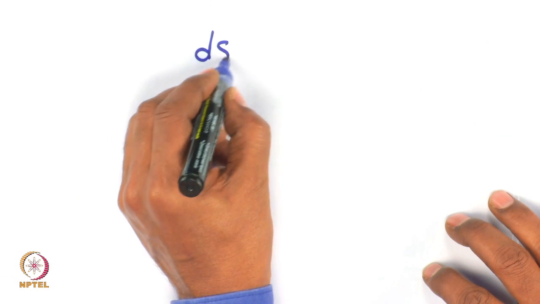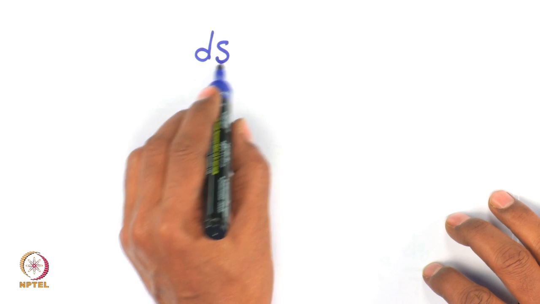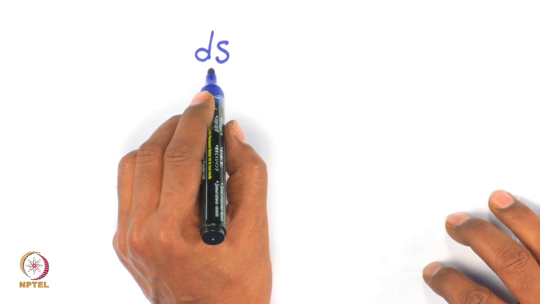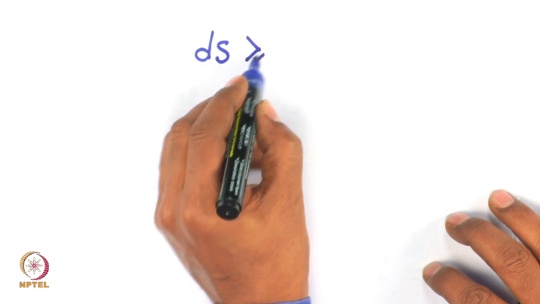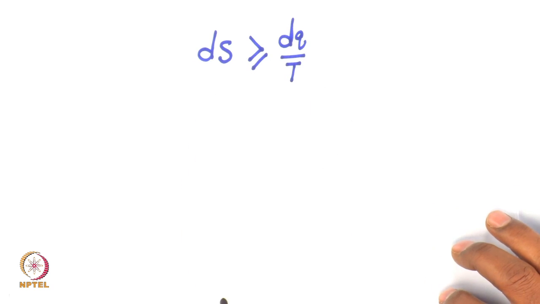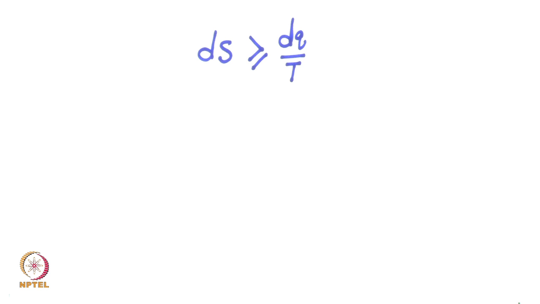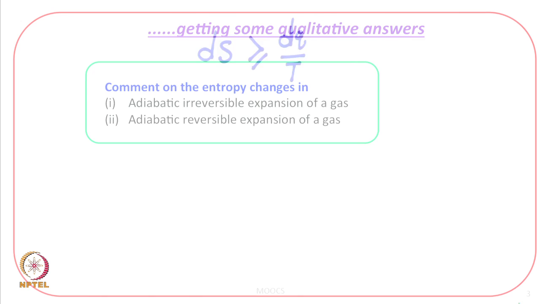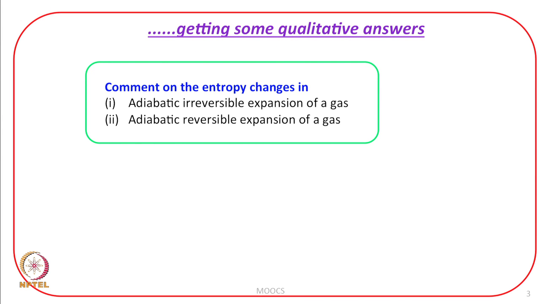So, what kind of qualitative answers can we expect from Clausius inequality? Clausius inequality is dS, and if I am not writing surroundings, we should understand dS means entropy change in the system, is greater than or equal to dq by T. The question is: comment on the entropy changes in number 1, adiabatic irreversible expansion of a gas.